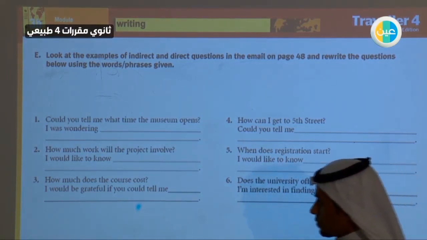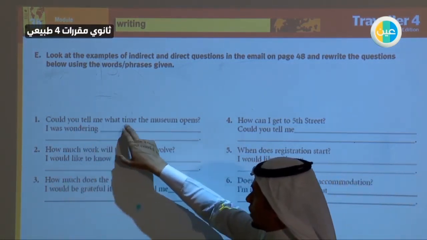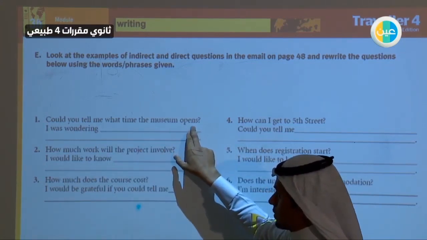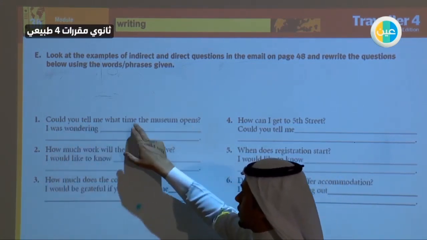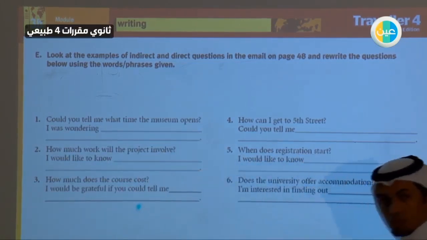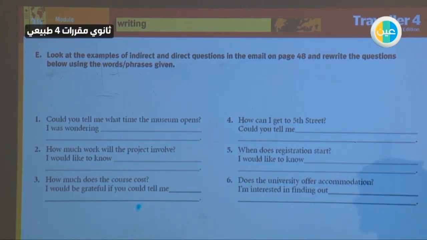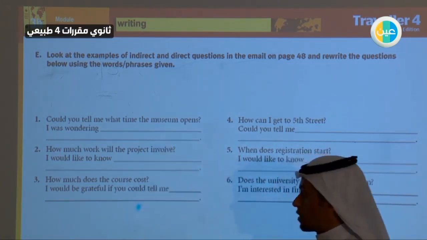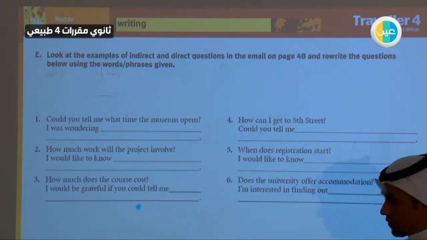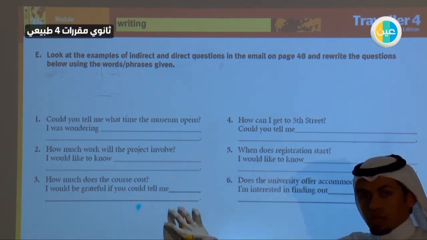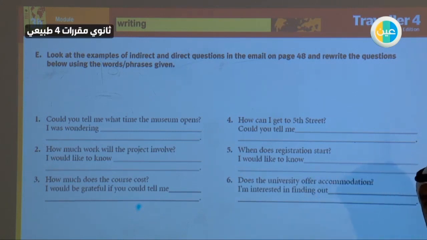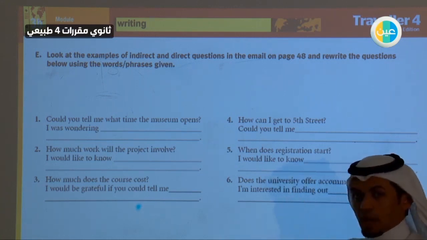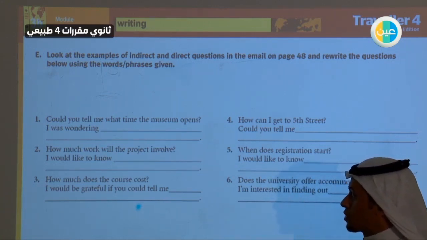Number 1, could you tell me what time the museum opens? This is a direct question, and now we want to write the same question but as an indirect question. And by the way, you can find this grammar rule in Traveler 1, Grammar 3, Unit 3, if you want to go back and check it before you answer this question.